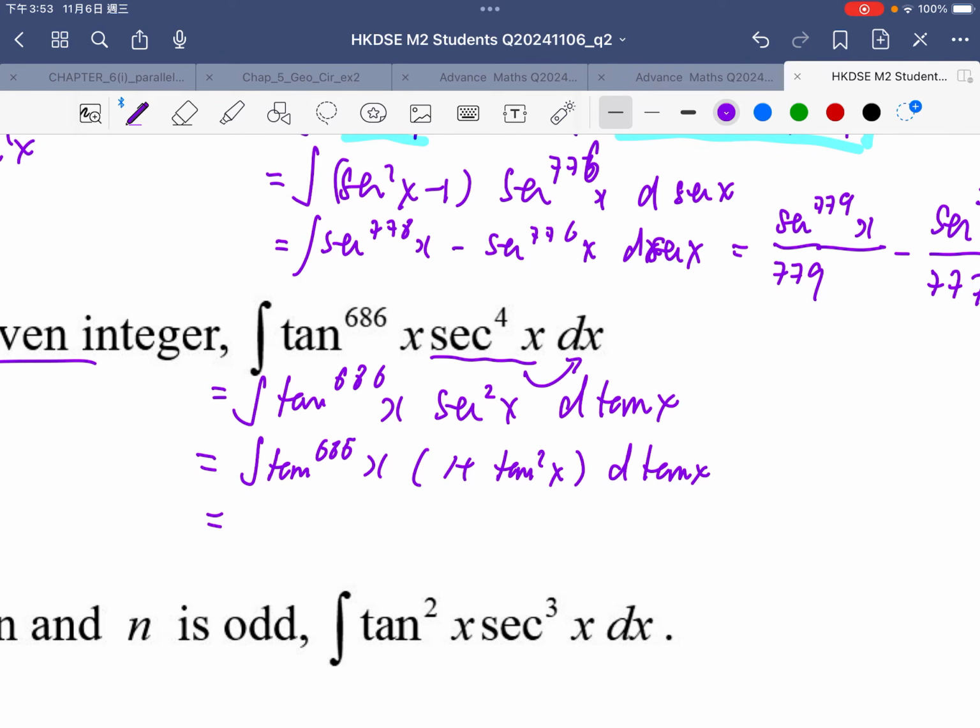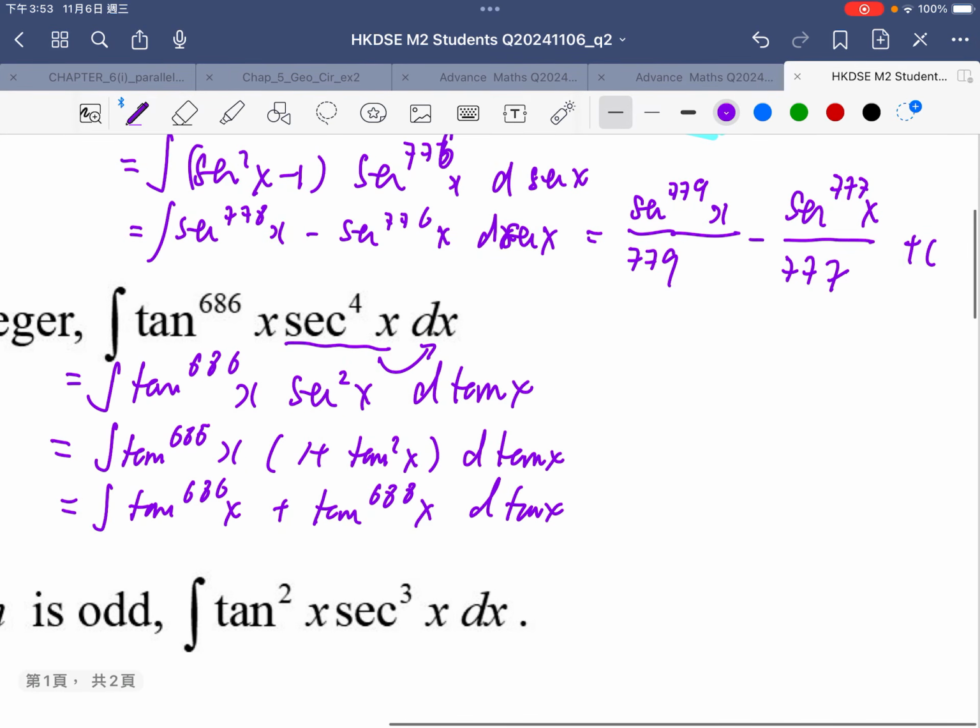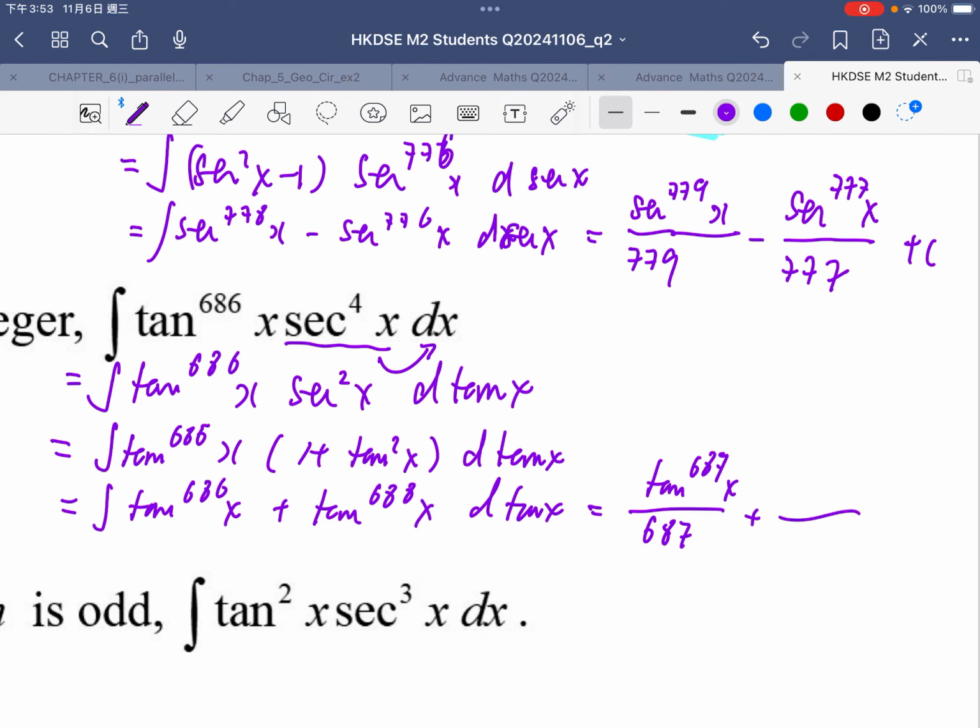Now expand the tangent, d tangent, and then finally we can obtain our result, tangent to the power plus tangent, over, plus c.